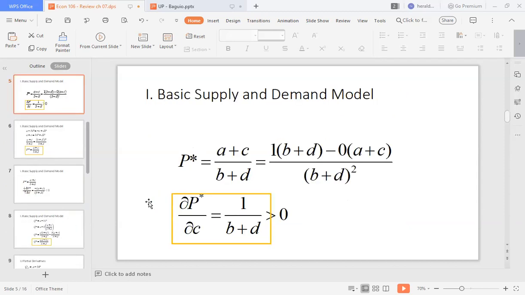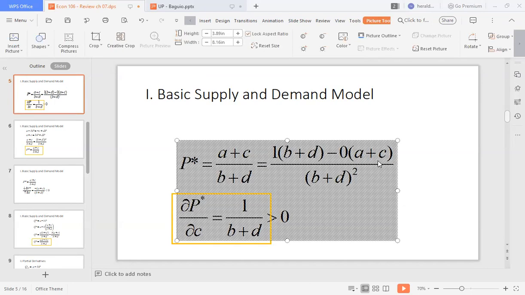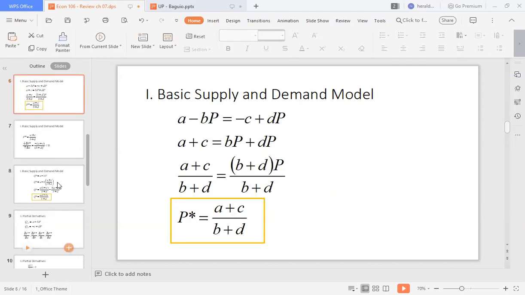With the same exercise, just like we did with parameters A and B, we also did the same for parameter C. Using the same quotient rule, we got the result that the partial of P with respect to C is also greater than 0, which means P and C move in the same direction. An increase in C would also have an increase in P. Again, they move in the same direction. Also for D, where is D there?